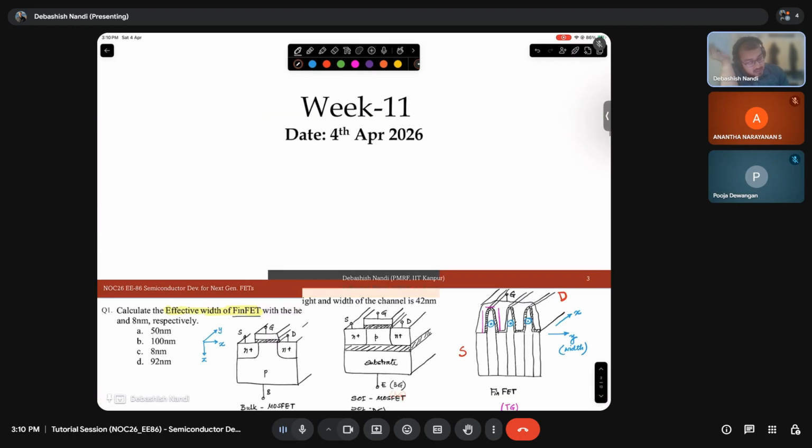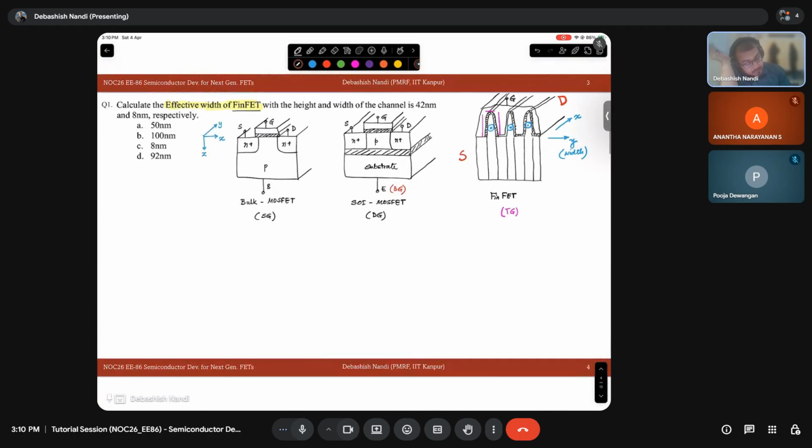And of course, this will be your body terminal. Let's say these fins are extending till this, and as these will be of the same type, this is also called bulk FinFET, right?